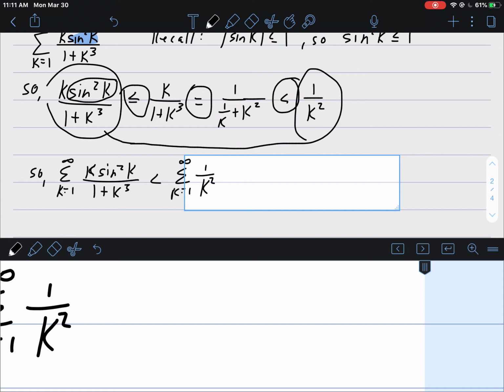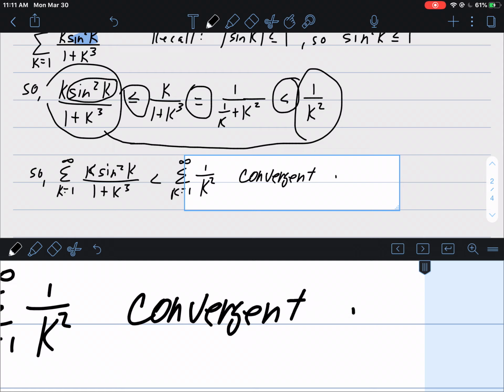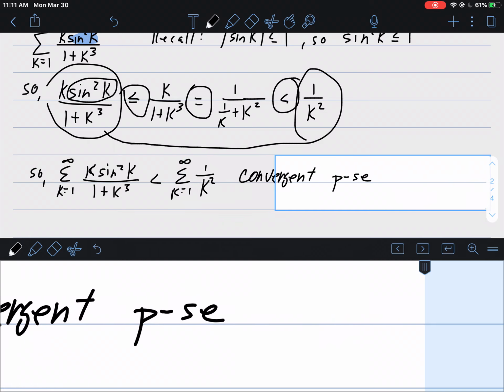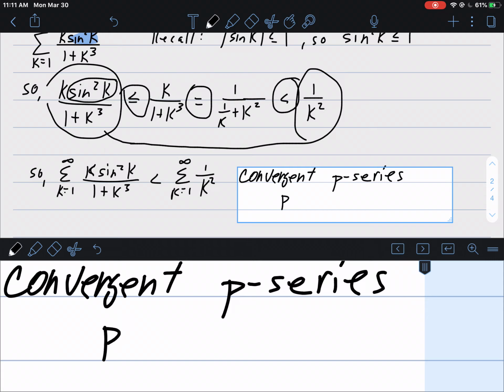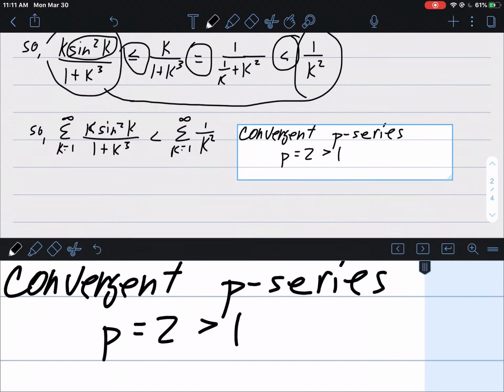We just said we know that 1 over k squared is a convergent p-series, and why is it convergent? It's convergent because our p-value, which is 2, is greater than 1, and p-series converge for values of p greater than 1. Now I'm not done, I still have to make my final statement. Our series is smaller than that convergent p-series.